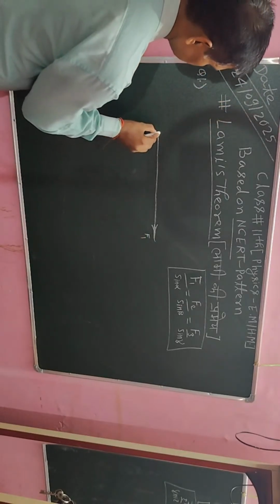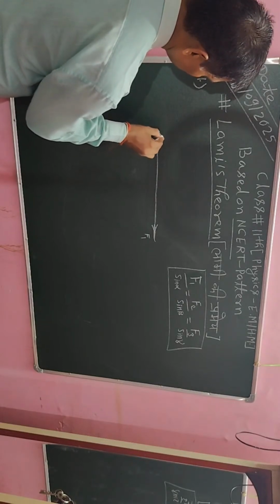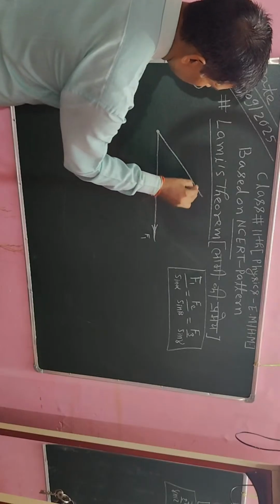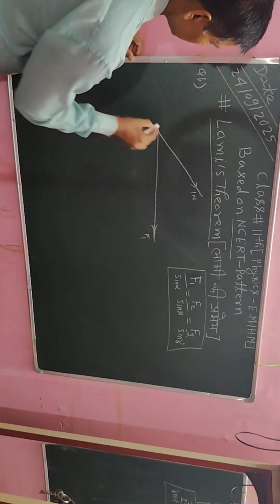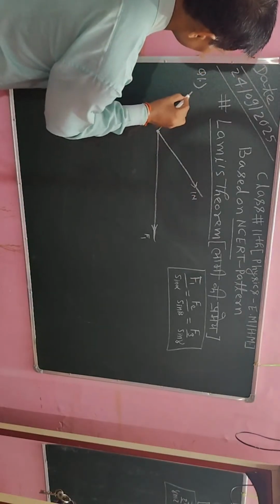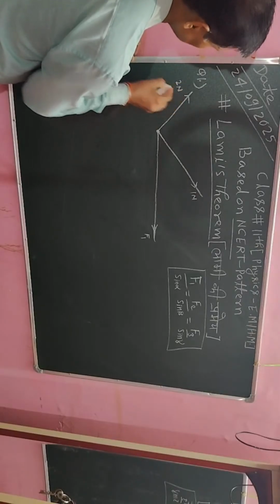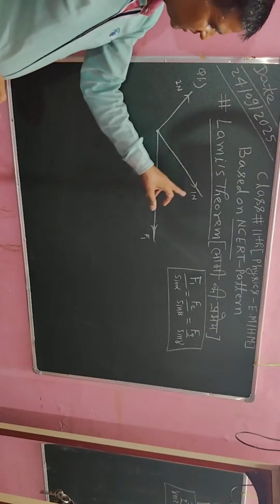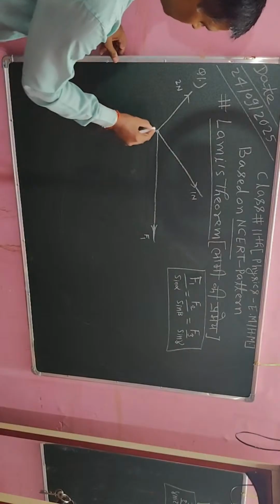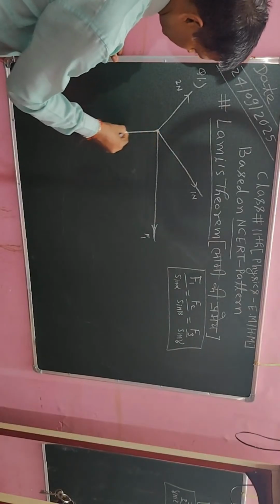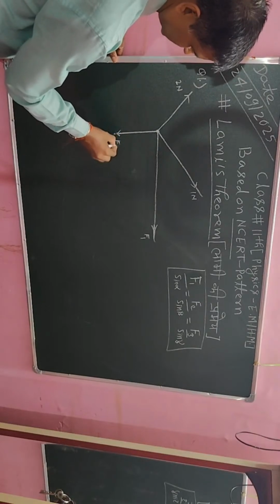Now one force is acting on this line, and this force is 1 Newton. Another force is also acting here, and this force is 2 Newton. Here force is F1. Now perpendicular, below the y-axis, I will say this force is F2.